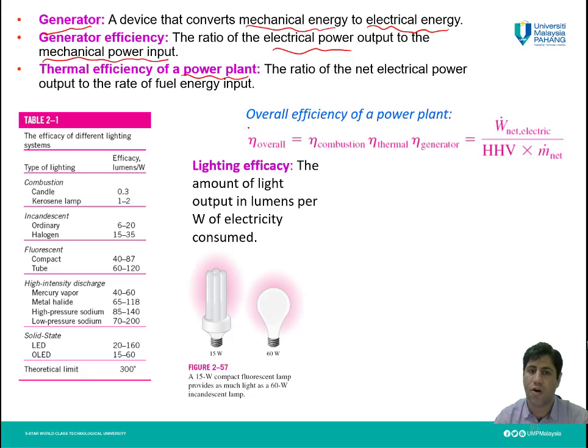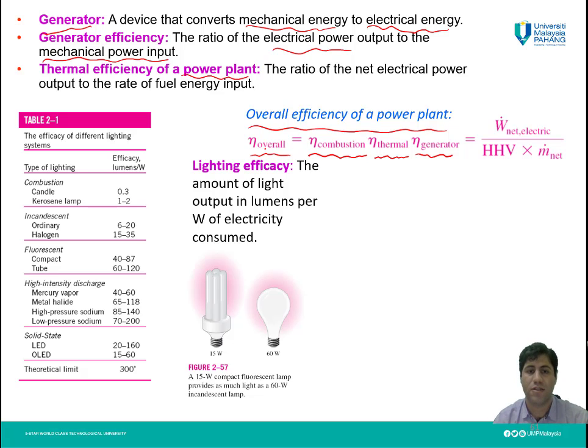Then the overall efficiency of a power plant is the result of multiplying all of these three efficiencies: the efficiency of combustion, meaning how much of the chemical energy of the fuel is converted to thermal energy; how much of the thermal energy is converted to mechanical energy; and how much of this mechanical energy is converted to electrical energy.